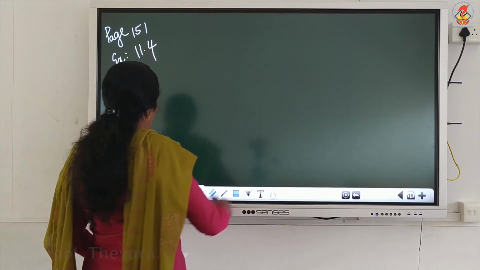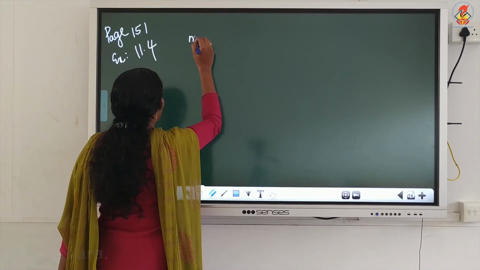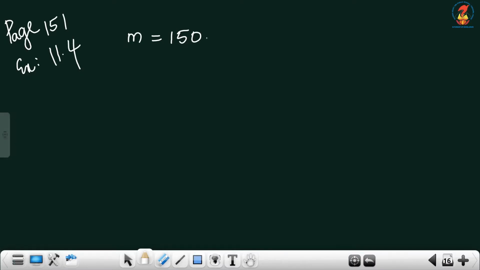So, mass is given, 1500 kilogram. Then the velocity is increasing from 30 km per hour to 60 km per hour.